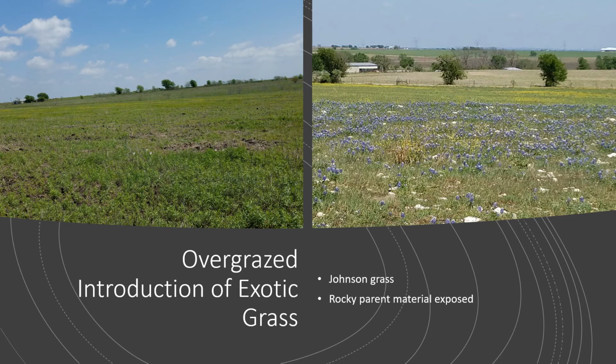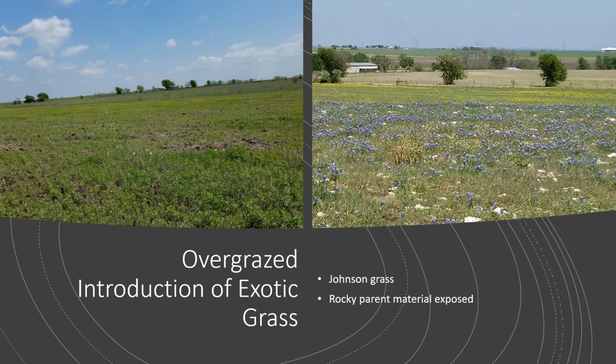Some of the other common land uses that have shifted these plant communities include agricultural production, row cropping, ranching, and then removal of grazing. So lack of grazing can be as detrimental as overgrazing.